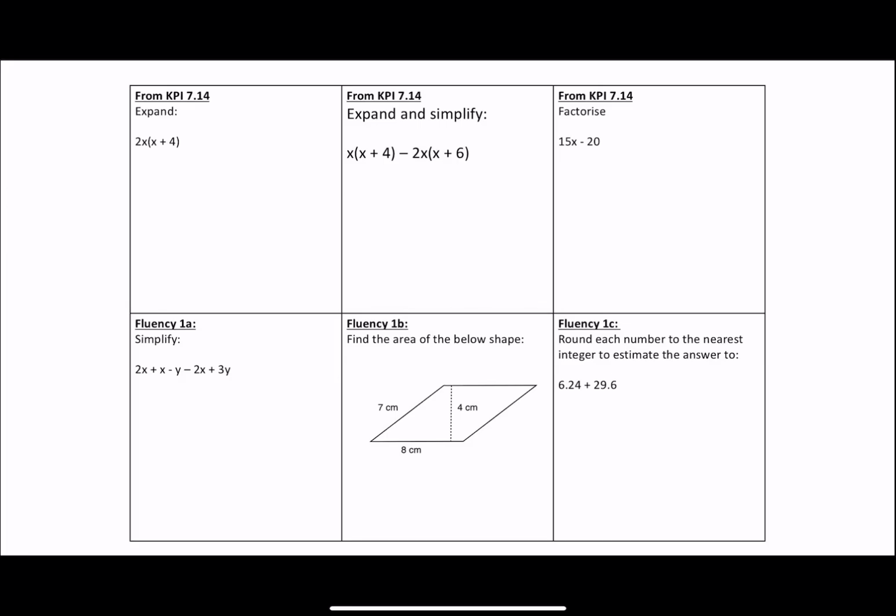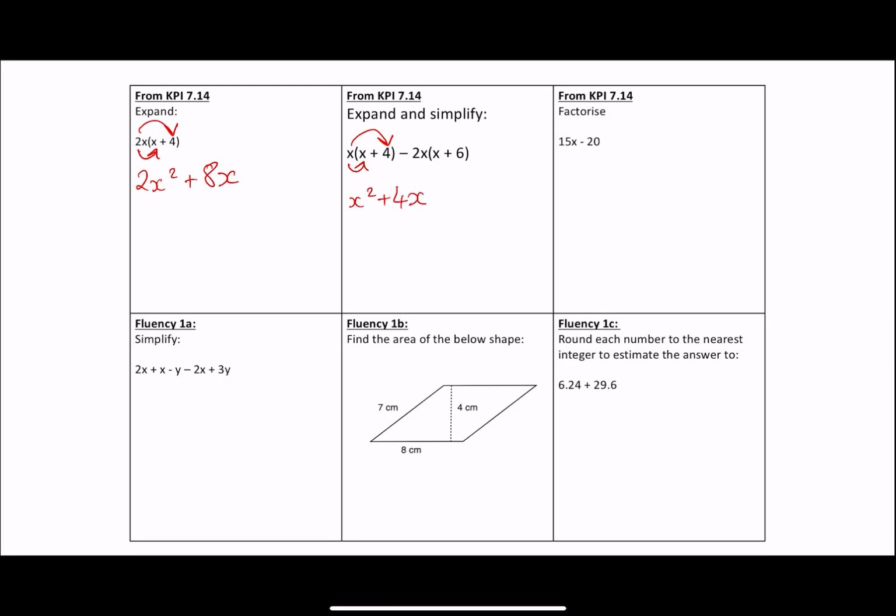Okay then, so first question, I need to expand out this bracket. First of all, 2x times x gives me 2x squared. 2x times positive 4 gives me positive 8x. Next one, I need to do x times x, that gives me x squared. Then x times positive 4, that gives me positive 4x.